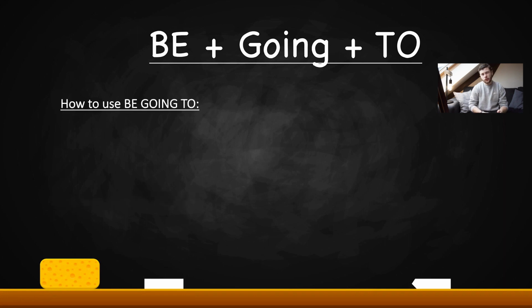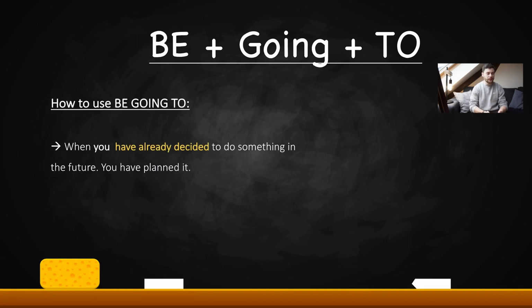Great, so when to use be going to? You use be going to when you have already decided to do something in the future, okay? You have planned it. Instead of looking at will, where you're just expressing a future, but that is just thought, okay? That is just believed, all right? It's just considered, envisagé, right?